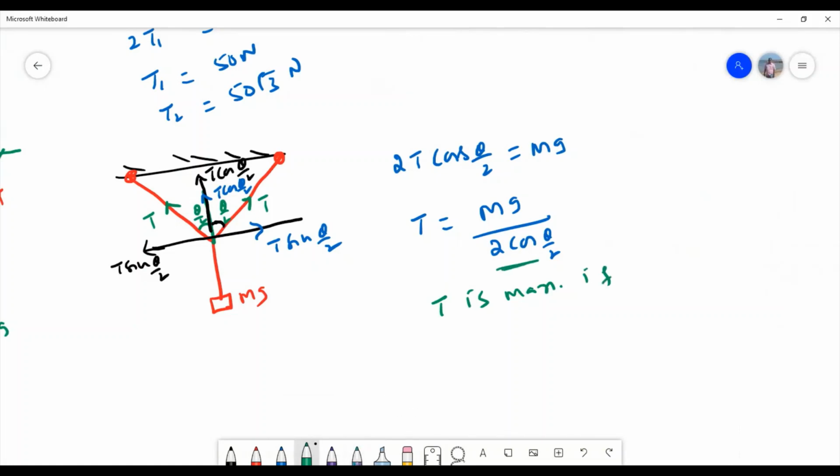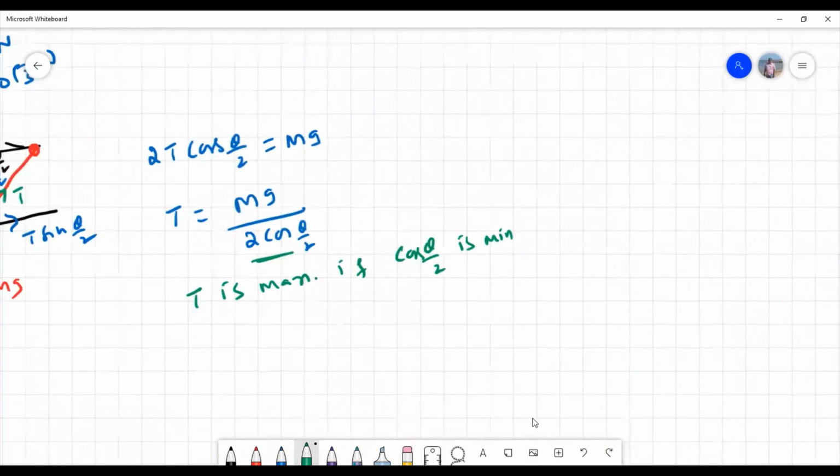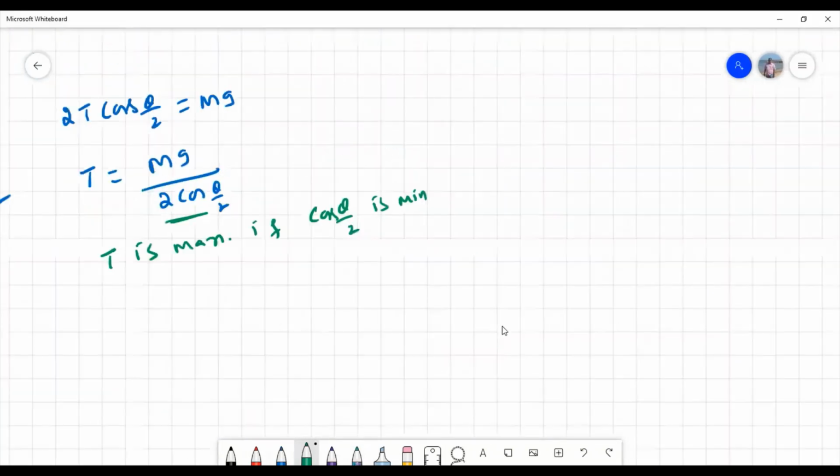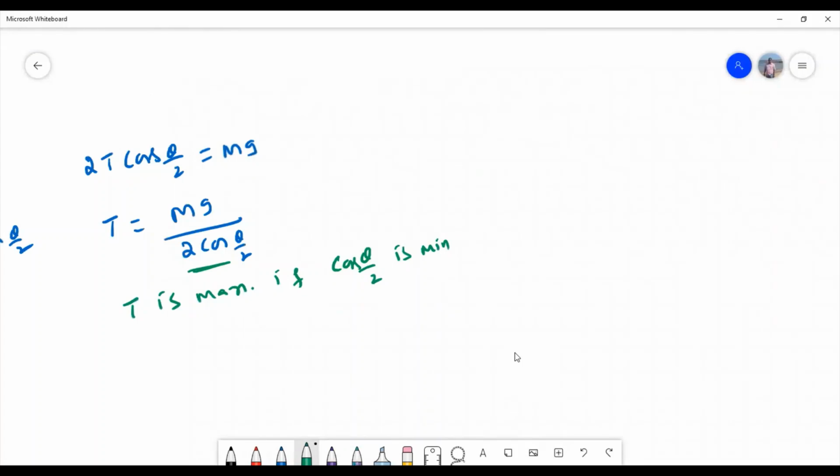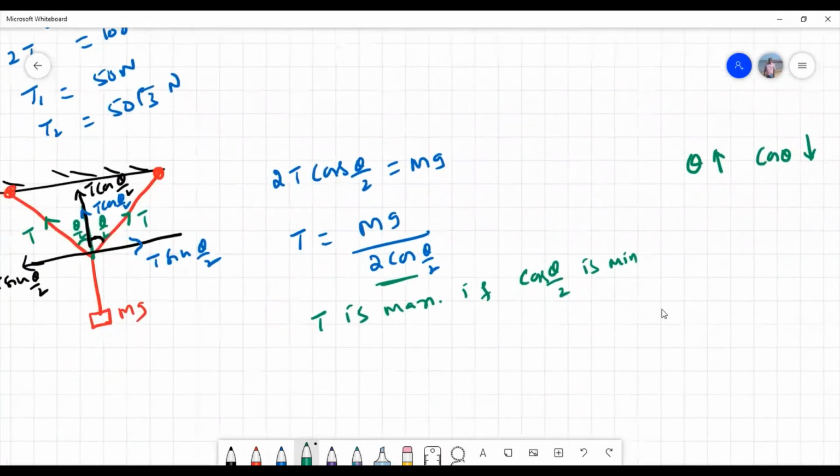That means if cos theta by 2 is minimum. When the value of cos theta by 2 is minimum, then T is maximum. We all know that when theta is equal to 0, cos is maximum. As theta value increases, cos theta value decreases.